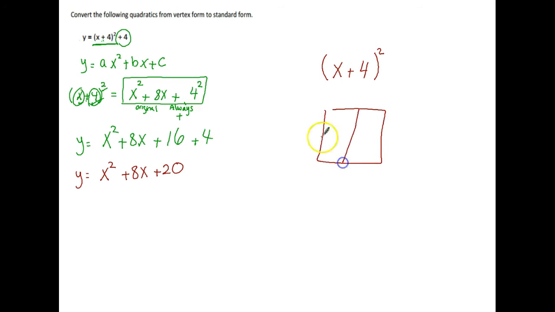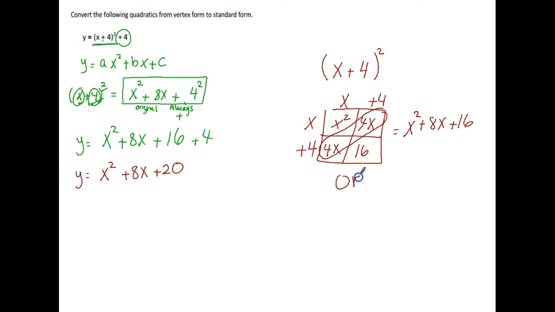So you can do the box, and you do x plus 4 times x plus 4, and you do the multiplication. x times x is x squared. x times 4 is 4x. 4 times x is 4x. 4 times 4 is 16. You combine like terms. This should give you x squared plus 8x plus 16.